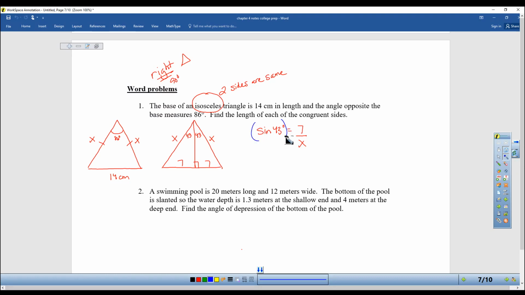I hope you said clear the fraction, because in that one fell swoop, you literally turned a problem that many, many people get wrong into a problem that you can do successfully. So x is going to be equal to 7 divided by sine of 43. And so x is going to be equal to 10.264. Make sure you add, when we're doing word problems, you should always look for units.